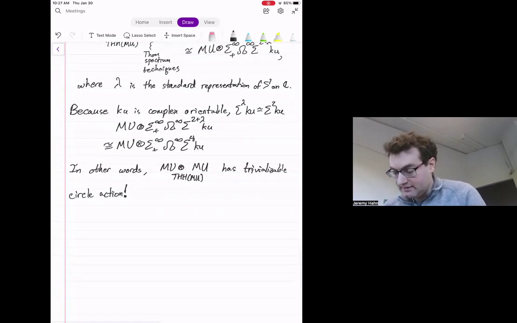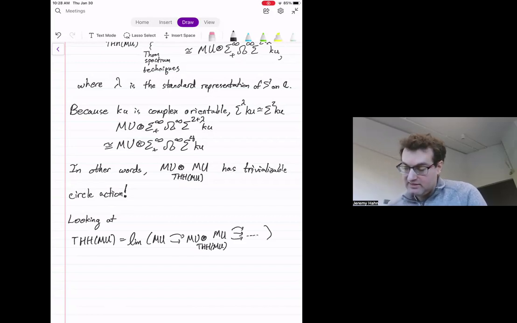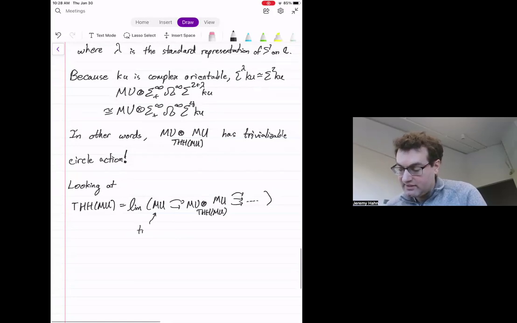So if I look at this totalization, mu tensor over THH of mu, here, this has trivializable circle action. It's got trivial circle action. We mapped from THH of mu to mu as the trivial circle action.